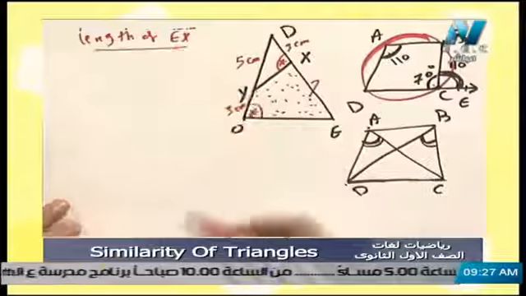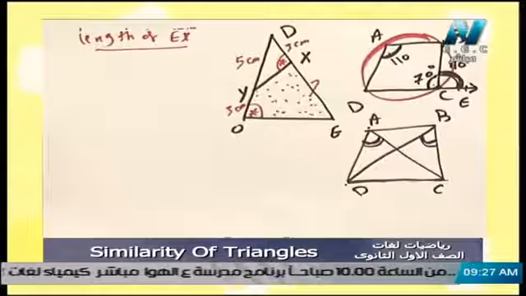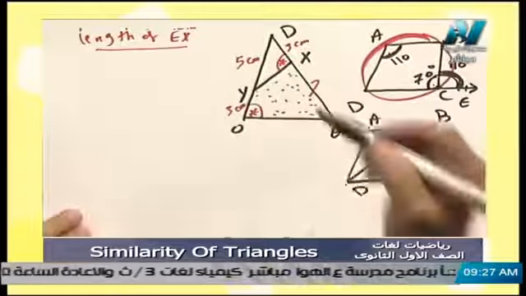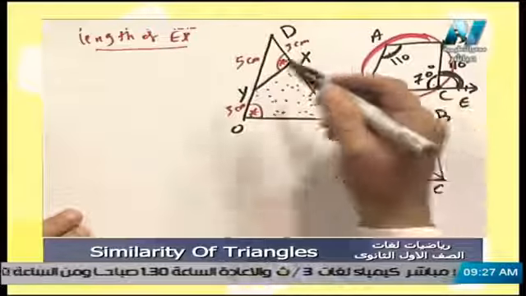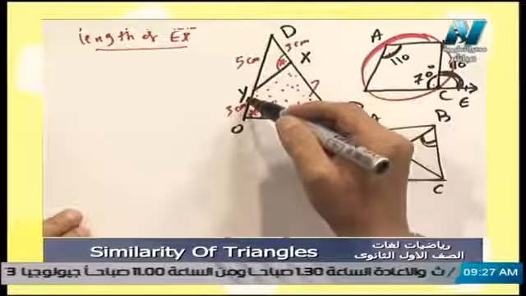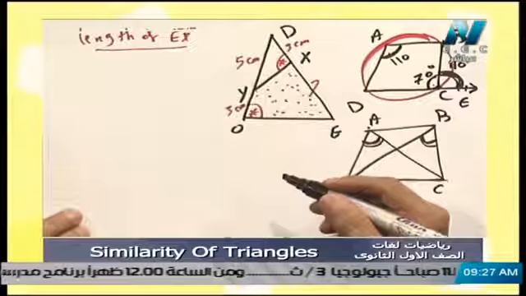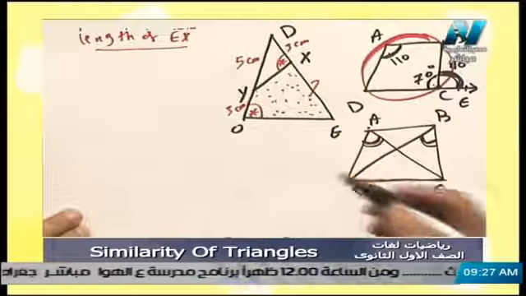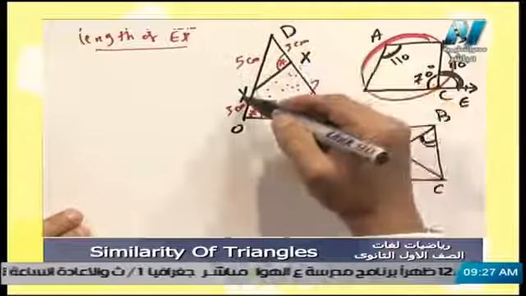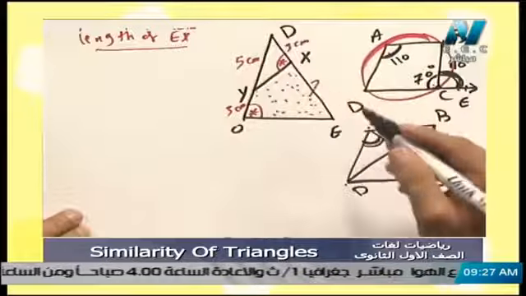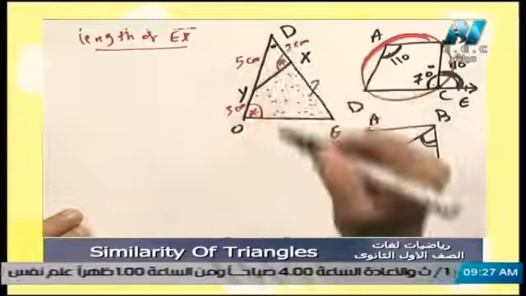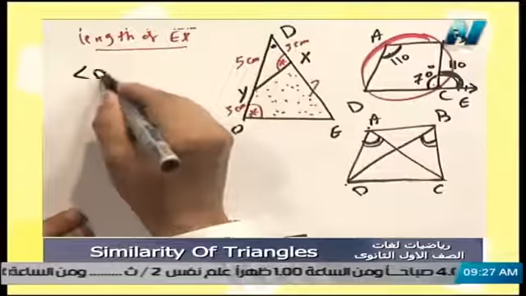So to find the length of XE, we must prove that triangle DXY is similar to triangle DOE. How can we prove that? Triangle DXY and triangle DOE have the same angle here, so angle D is a common angle.